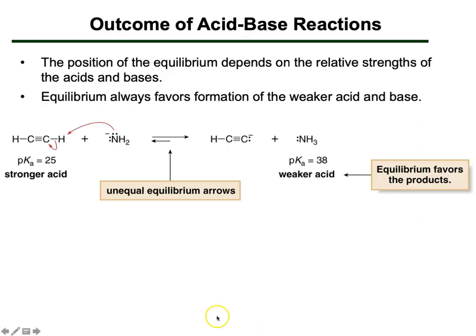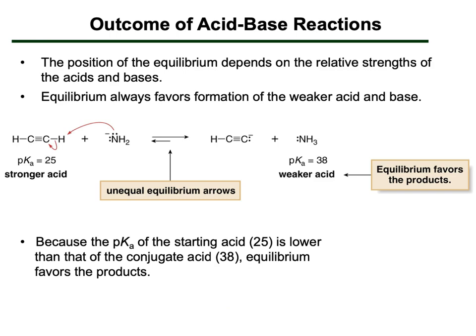Now, we spent a lot of time looking at predicting the outcome of acid-base reactions, and this is a very important process for you to be able to go through because we're going to look at a lot of mechanisms over the course of the semester where an acid-base reaction is critical to one or more of the steps in the mechanism.